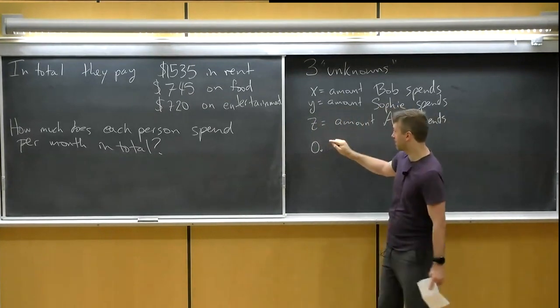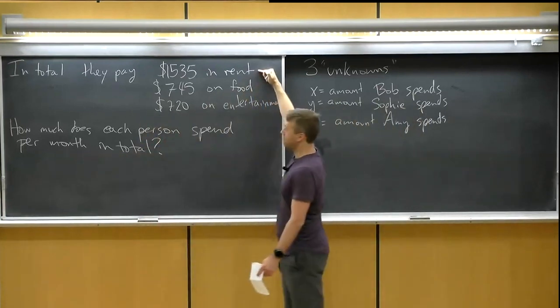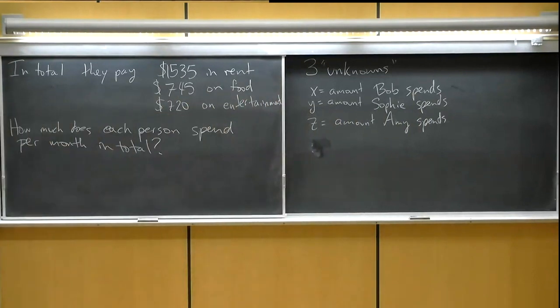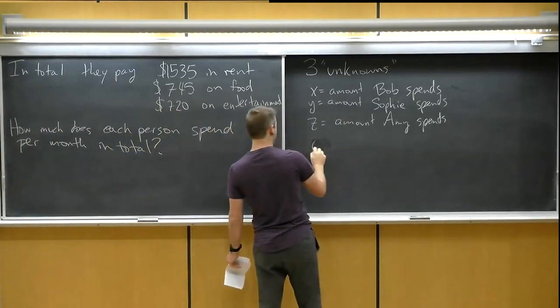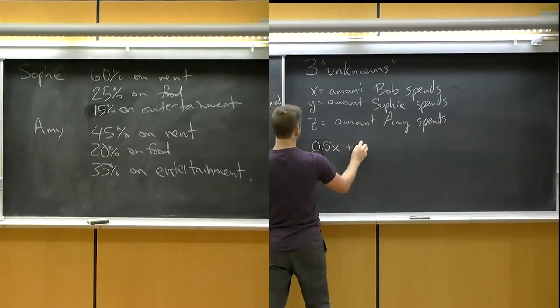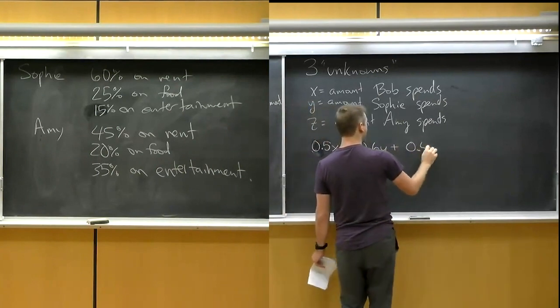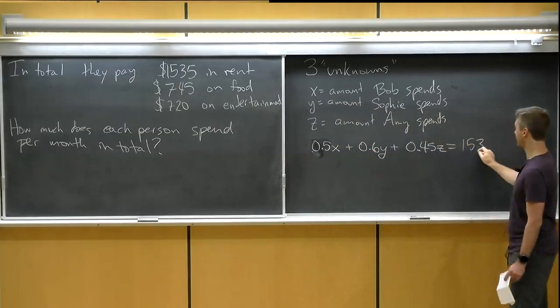So just to repeat that, you know that they're going to pay this much in rent in total. So 50% of Bob's outgoing money is on rent, and then 60 and 45. So that gives us an equation that 50% of x plus 60%, so 0.6 times y plus 0.45 times z should equal 1535. Right?